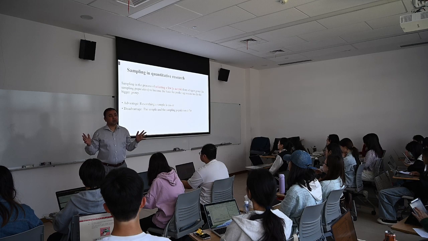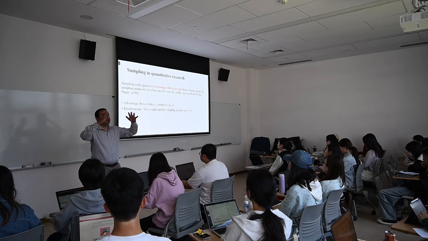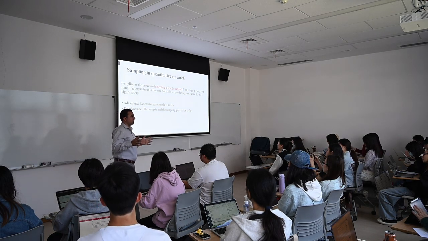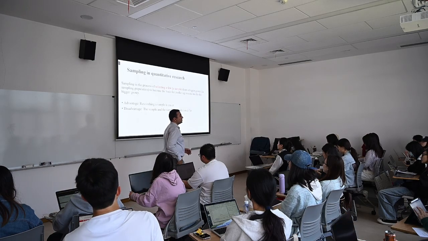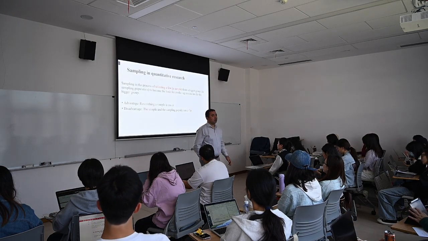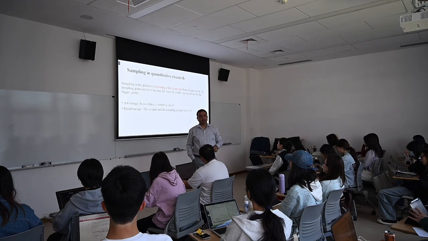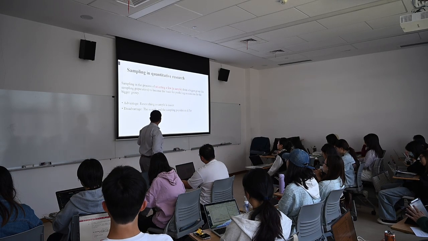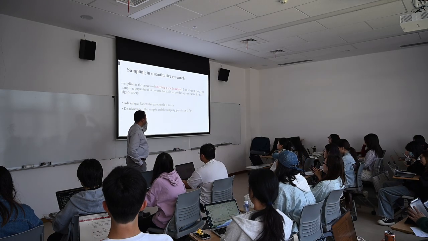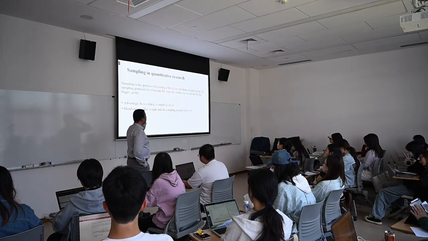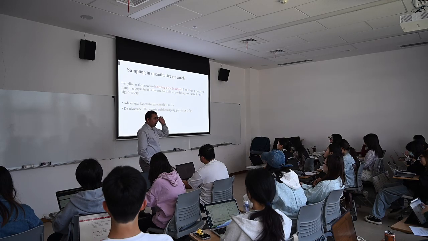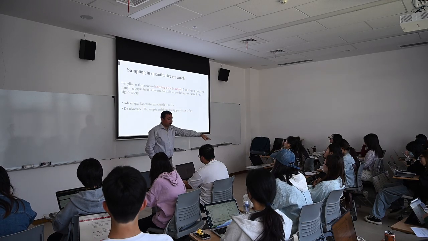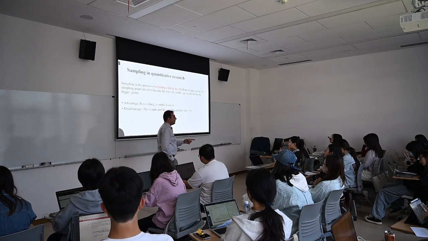The bigger group is the study population: if you want to study the overall country, region, or city, this is called the study population. If you select a few, that is called the sample size. For what? To become the basis for predicting an outcome for the bigger group. So your main focus is on the bigger group, the study population, not the sample.